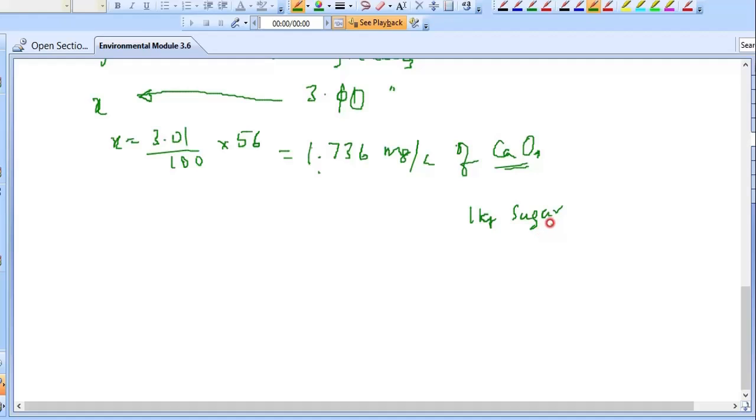Then as a scientist you agree with that and you want to purchase. That person says that his Mysore pak has 85% sugar in it. 85% sugar is there, 15% besan is there. Then you want 1 kg sugar.